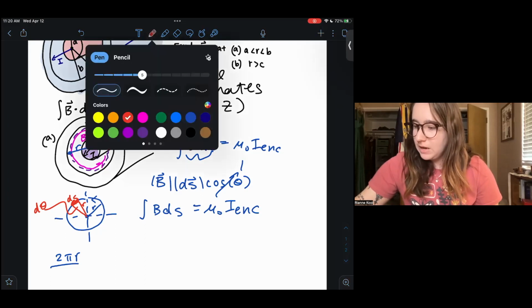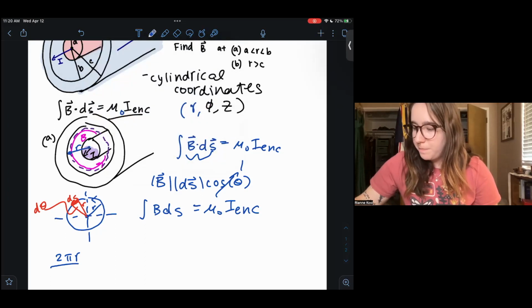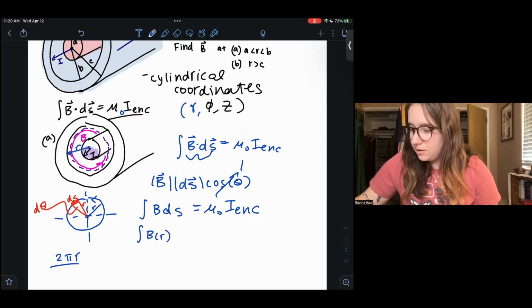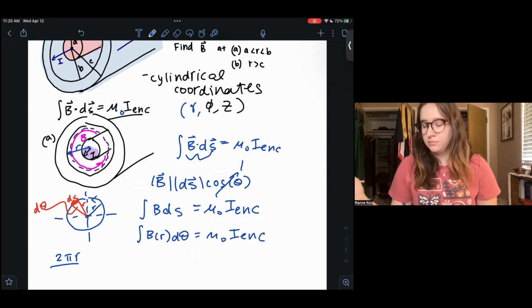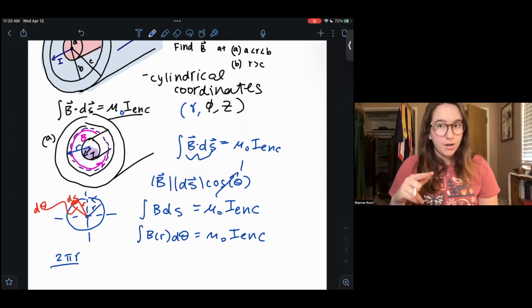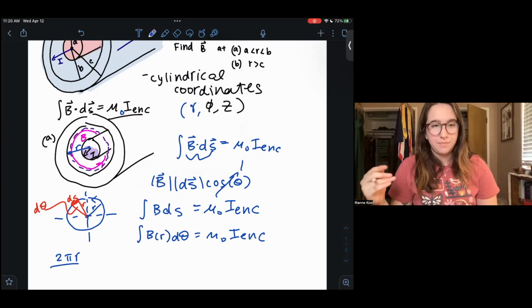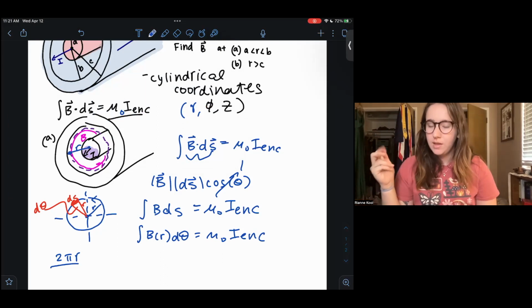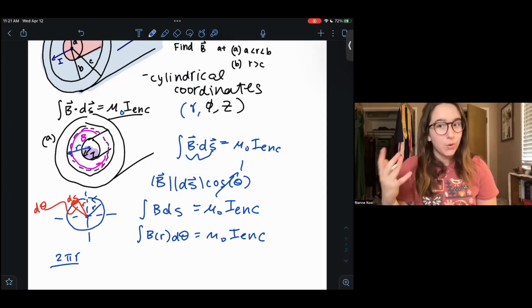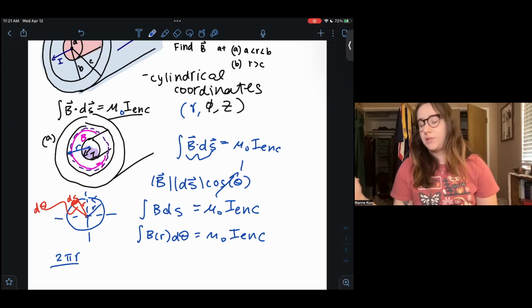So what we're going to find is that our B ds is actually B times r d theta. B and r are now constants because our radius is going to be the same throughout the entire moving around this Amperian loop that I created. And our B field is also going to be constant. It's no longer a vector.